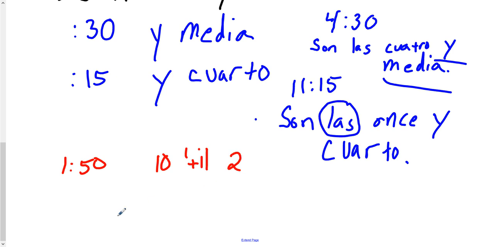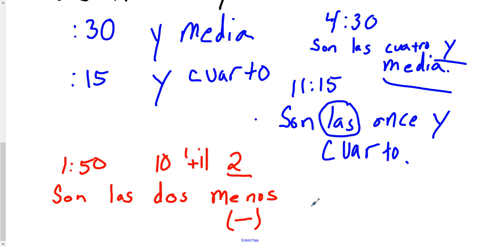I want to say it's 10 till 2. The way I do that in Spanish is I say son las, I still start with my hour. Son las dos, it's 2, but instead of y, I'm going to say menos for minus. Think of this as a minus sign.